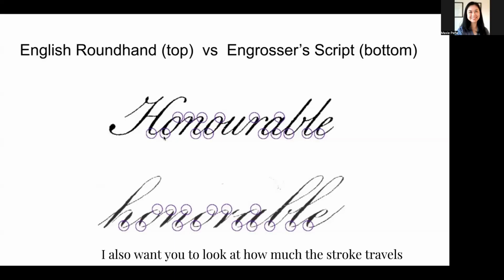I also want you to look at how much the stroke travels or sits on the baseline and at the top line versus in Engrosser script, where once you replace your pen here, you pretty much go up right away, versus here in English Roundhand, there's a much rounder and softer look. So as a result, for Engrosser script, it has more angular turns at the top and the bottom here. So it applies to both top and bottom curves. But overall, it still retains that roundhand look.